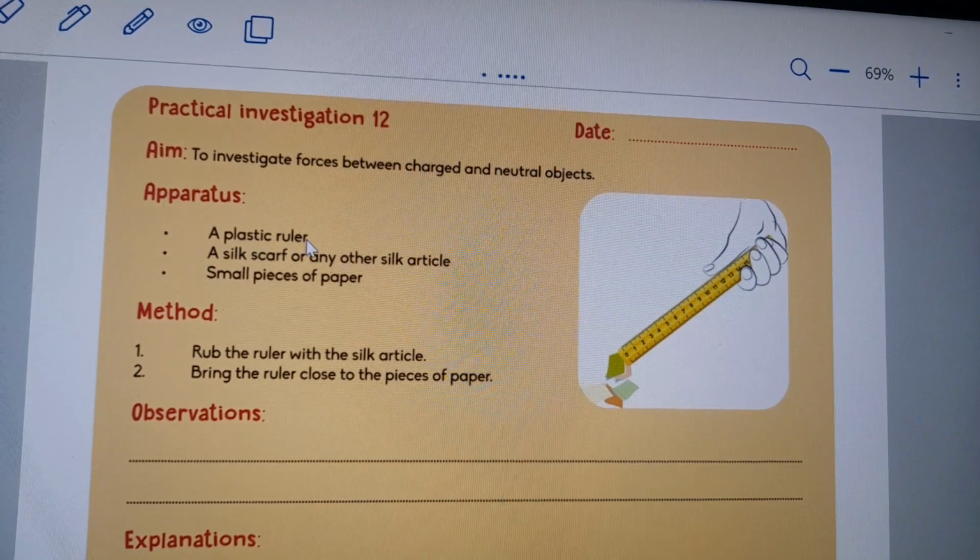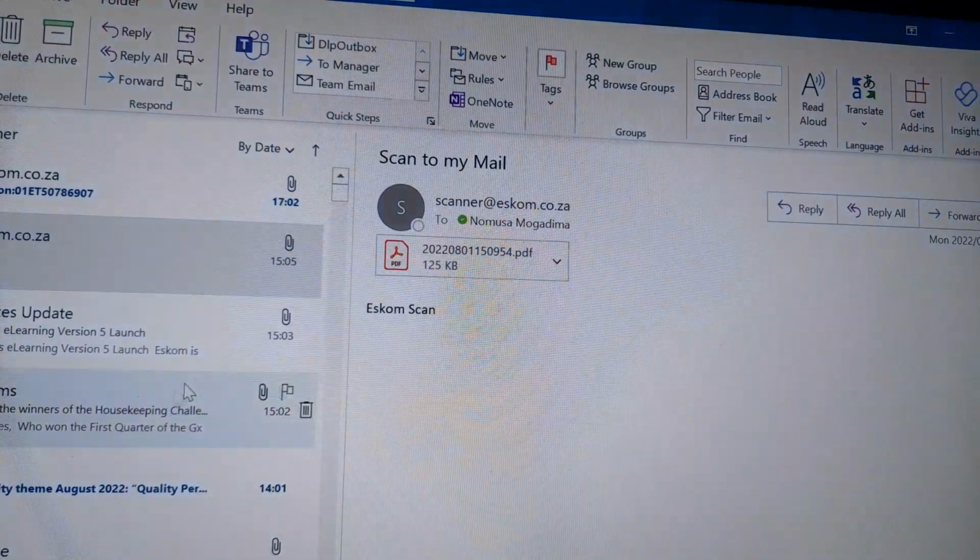We'll have a plastic ruler, a silk scarf, and small pieces of paper. You must rub the ruler with the silk article, bring the ruler close to the pieces of paper, and say what happens. Let's watch a short clip and see what happens.